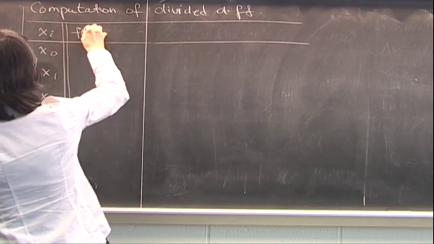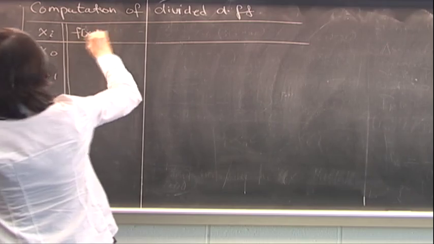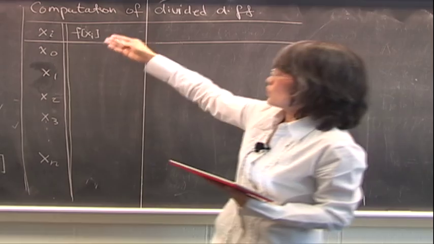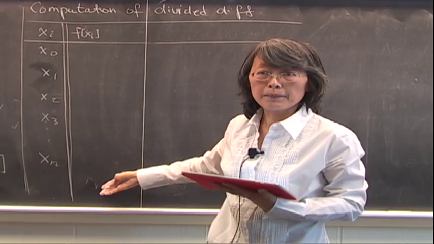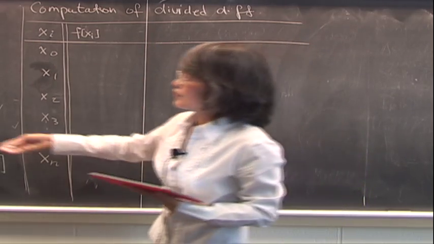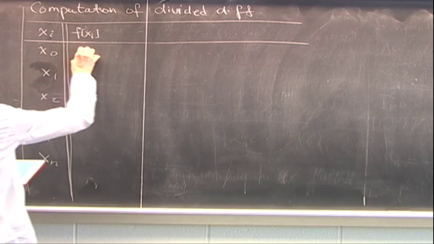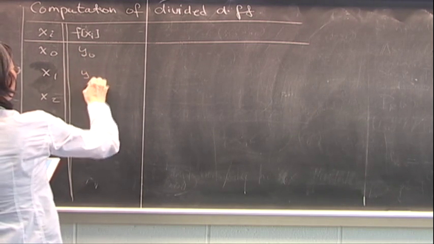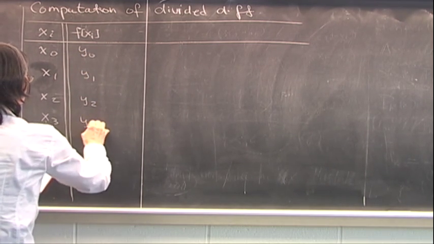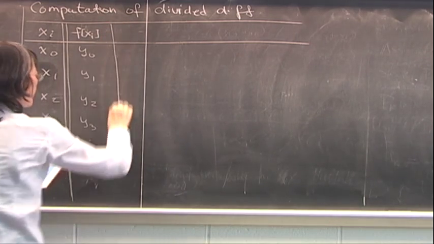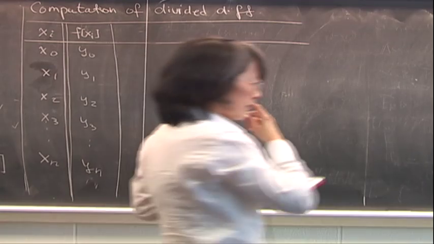So the first one will be taking one x in the bracket. So by definition, what will I fill in here in this column? It will be all the y's, is that right? We'll start from there. So this will be y0, y1, y2, y3, and yn. So that's the first column.